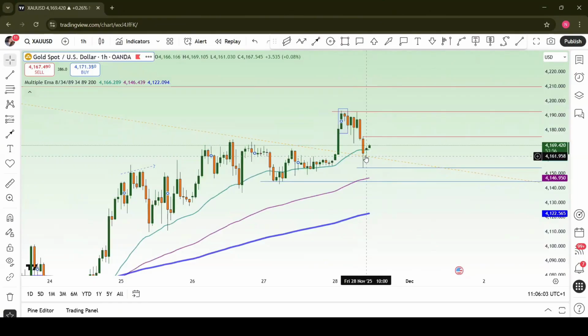Yeah, because it's having a reaction with this trend line in the daily time frame. And also this is the lowest price, matching the previous support zone.